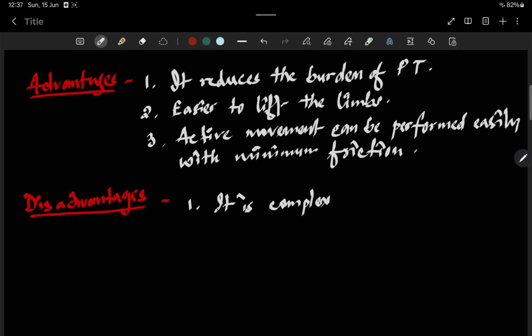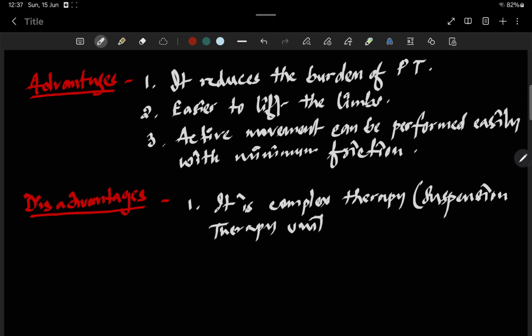The suspension therapy unit is a complex unit to use.